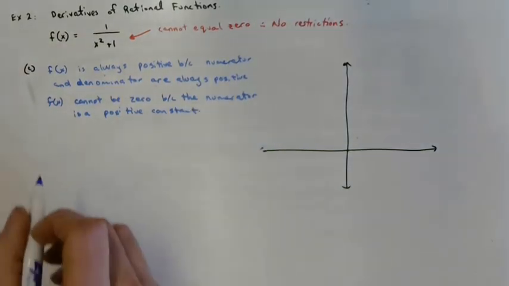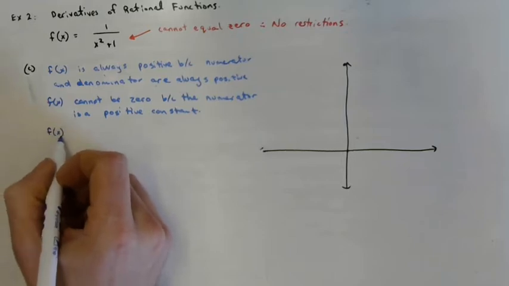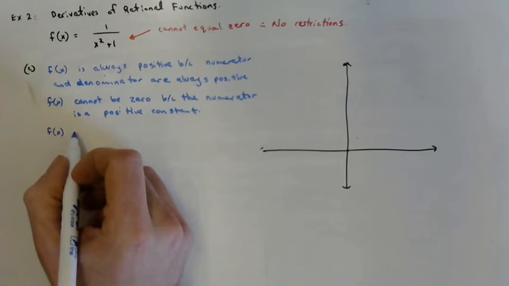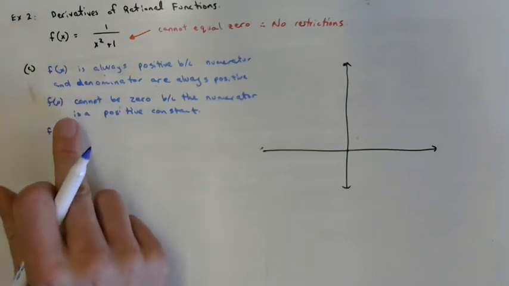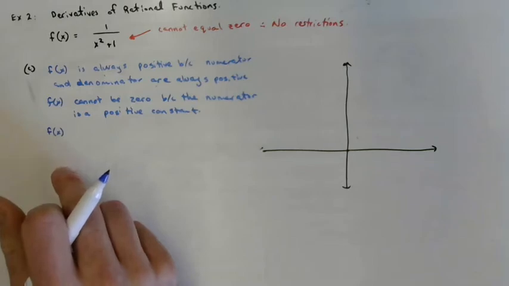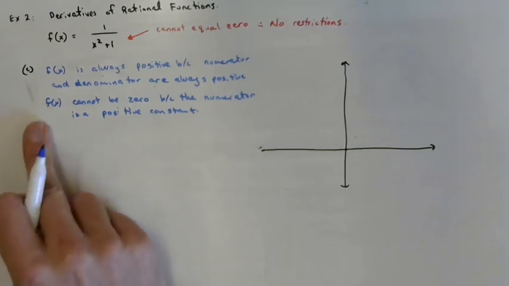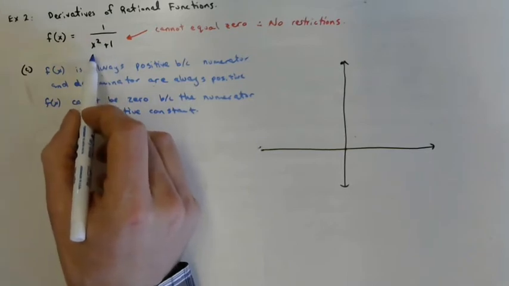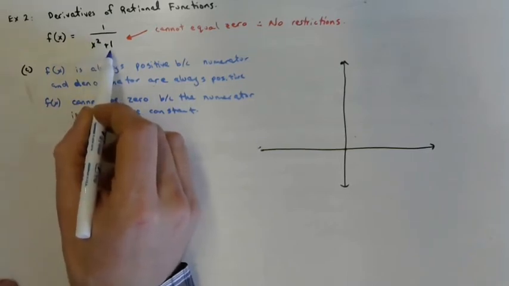What else? We also know f of x... should say the denominator. Well, let's do this. The denominator here has a minimum value of 1. Can you see that?